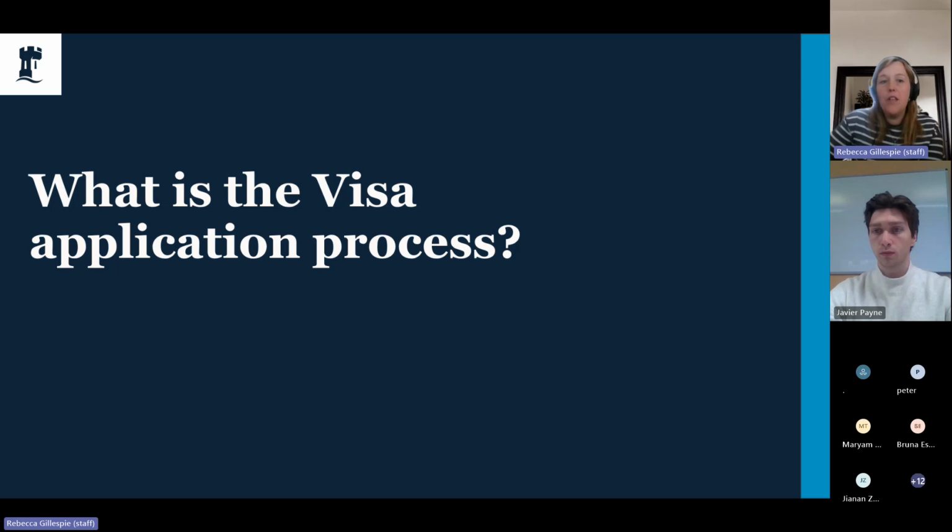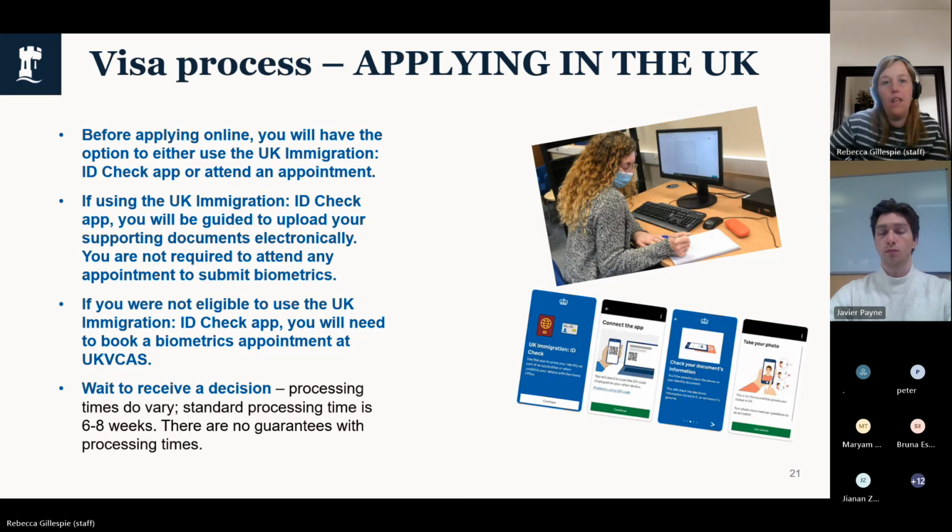So next we are going to look at the visa application process and what you should expect to happen. Looking at applying inside the UK, there are 2 different routes that you may potentially go through. Before applying online, you will have the option to either use the UK Immigration ID Check app or attend an appointment.